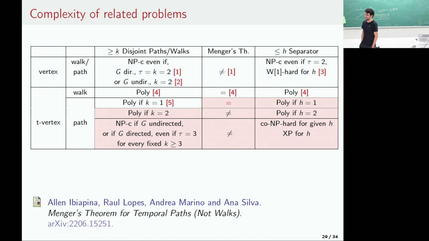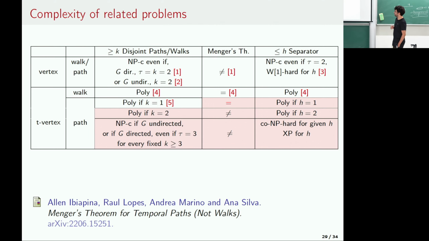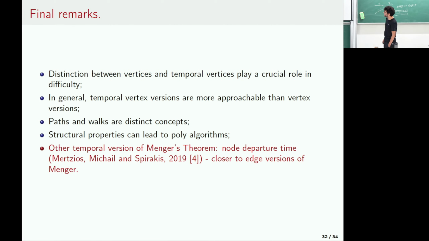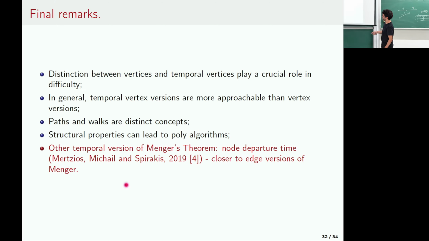How about the S-disjoint version? Oh, instead of vertex disjoint. There is this temporal version of Menger's theorem, in which the notion of disjointness is no shared departure time.